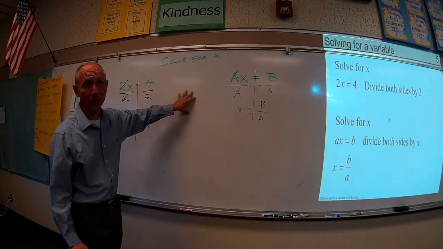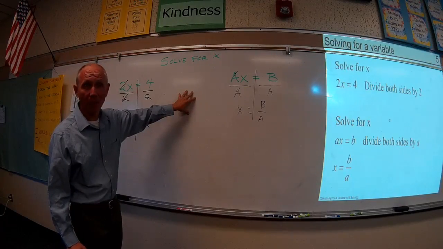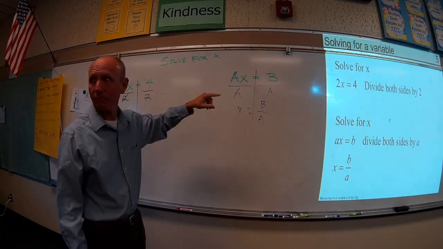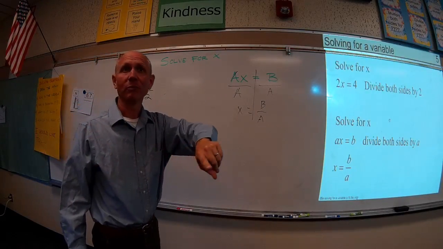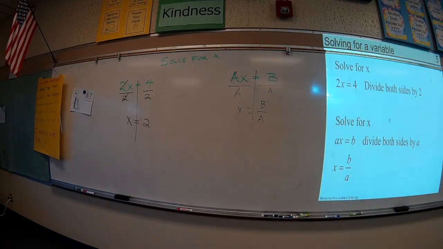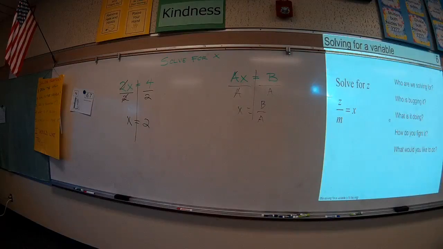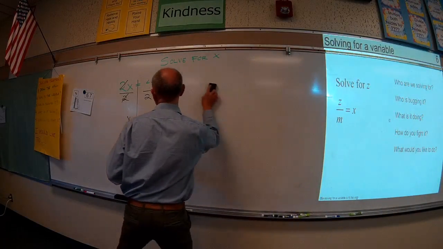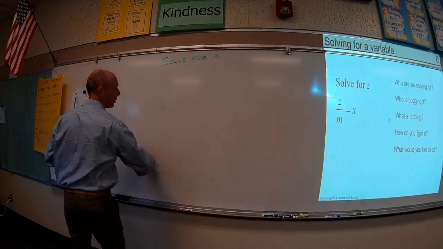Questions? We're going to do a couple more of these. It follows the same rules that you've learned. Now we're going to do z over m, and I will make up an alternate one.